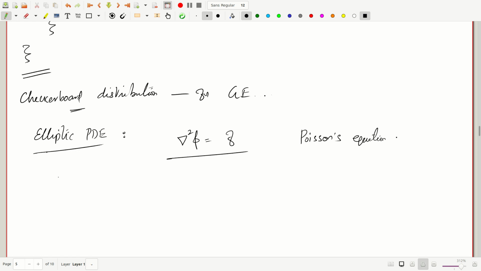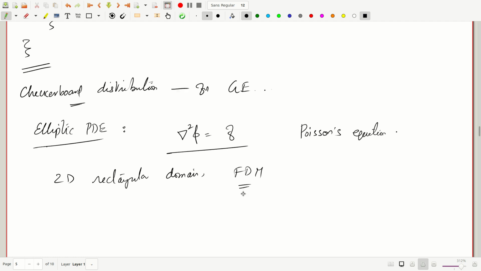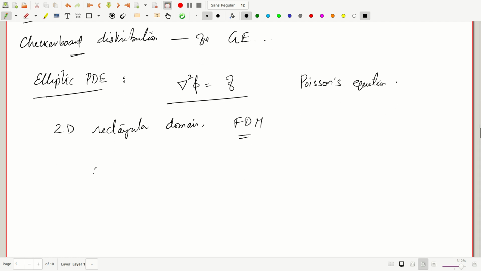So on a 2D rectangular domain, if you use the finite difference method, we could write del square phi equals f as dou square phi by dou x square plus dou square phi by dou y square equals f of ij.